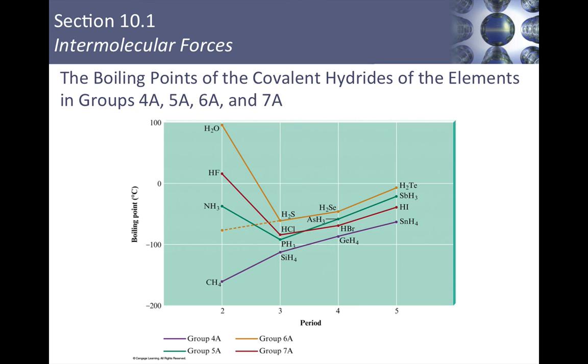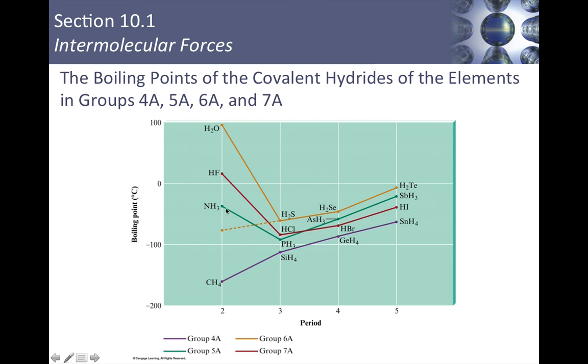This is giving you an idea of what we're talking about when it comes to the boiling points. Now, this is just looking at hydrides in general. If you note here at the top, these are broken out by the group, and this is period two, period three, period four, and period five. My question is, why is it that these are so much higher than their counterparts, except for carbon, of course?